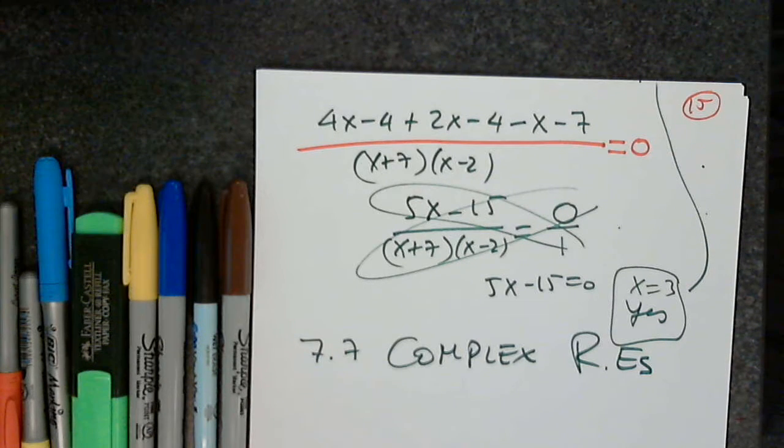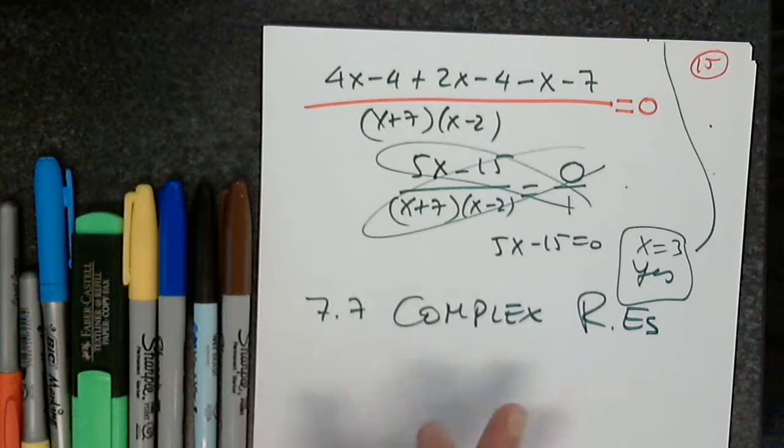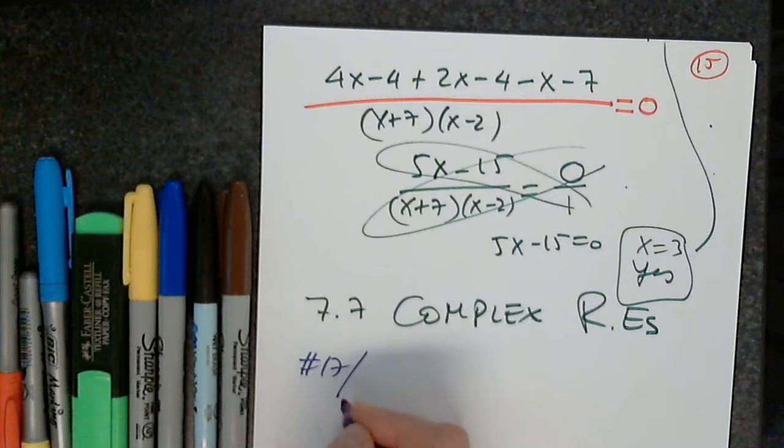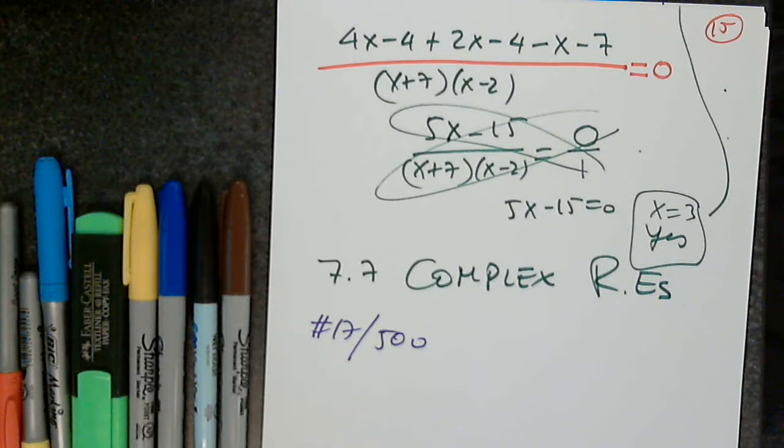Okay, I would like to start with problem 17 on page 500. This is the last section, last problems. From here on, we'll review for test 4 and review for the final.